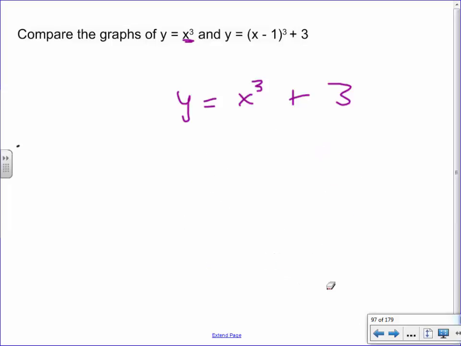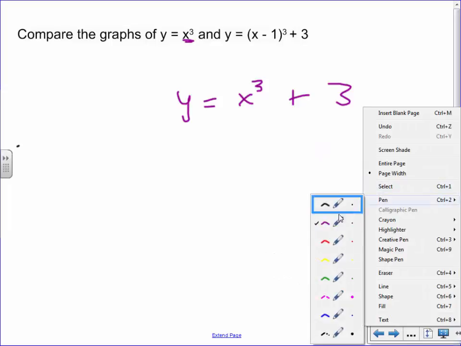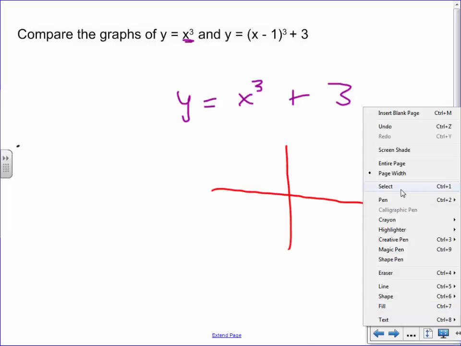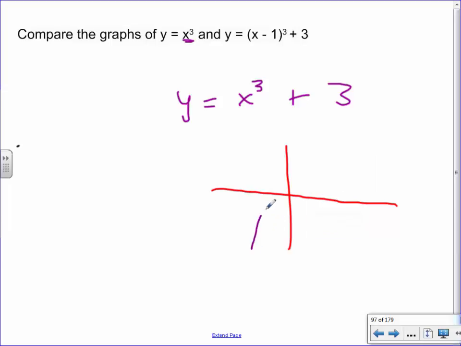I have 2 different colors. Have a graph. The graph normally goes here. And because the plus 3 is after the function is over, all of your y values are now 3 higher. So all it does is it takes your graph and just moves everything up 3.